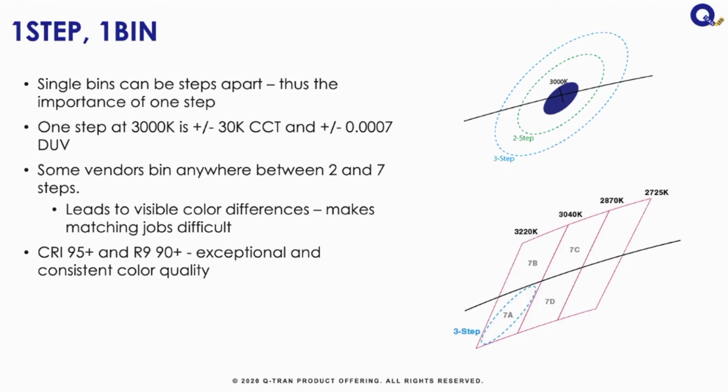The 1 step, 1 bin provides very consistent results across different projects. That 1 step is only plus or minus 30K CCT between any of the different chips. The eye is unable to see the difference between a 75K. So it's a very small change. The products here offer exceptional light quality.